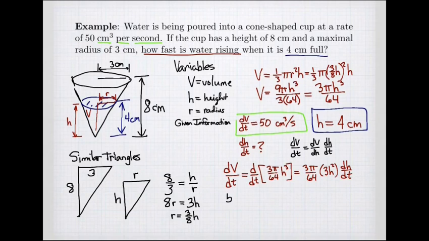My rate of change of volume is 50, 3 pi over 64, times 3, my height is 4, so I get 4 squared, times the rate of change of height, which is the unknown, dh dt.